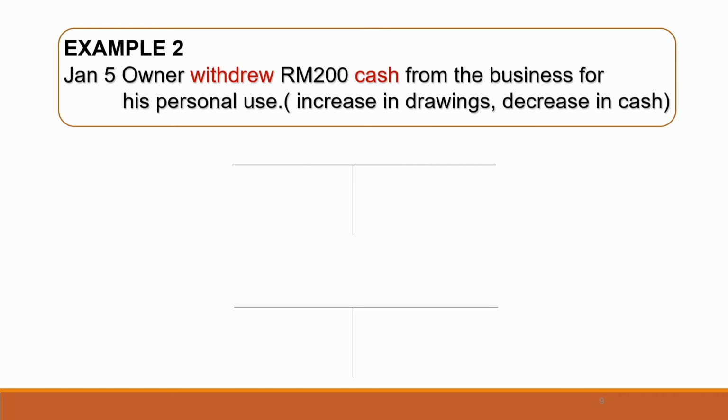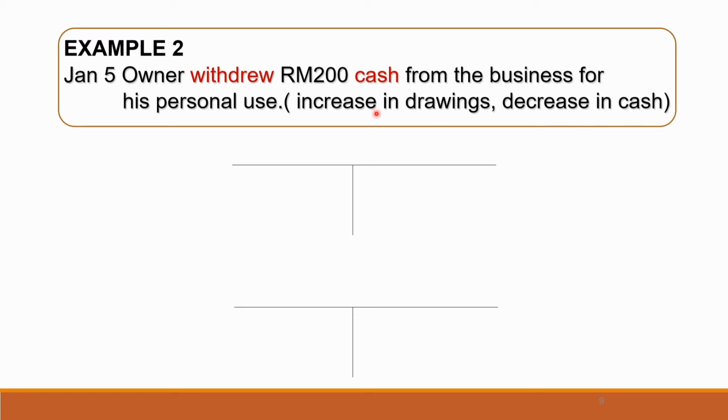Example 2. On the 5th of January, the owner withdrew RM200 cash from the business for his personal use. So, based on the accounting equation, there is an increase in drawing and there is a decrease in cash.